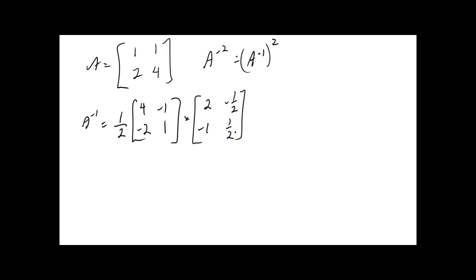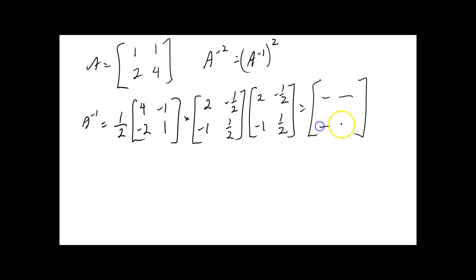Got it. There's the inverse. Okay? Now, to square that, we multiply it by itself. 2, negative 1/2, negative 1, 1/2. Can you do that? Sure, it'll give you a 2 by 2.